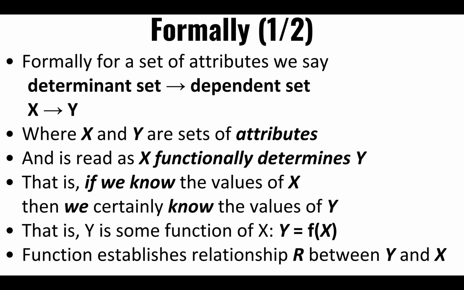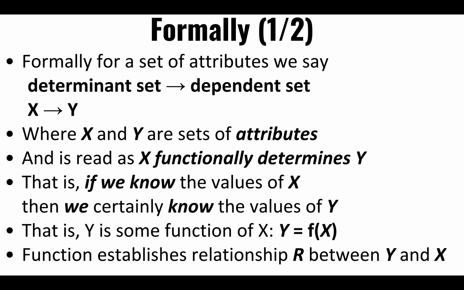So formally, the way we specify these dependencies is using the following syntax. We say that if you know the values of some set of fields, it might imply that you also know the values of some other set of fields. It might be just one field implying a value of some other field, or a combination of fields implying a combination of other fields.